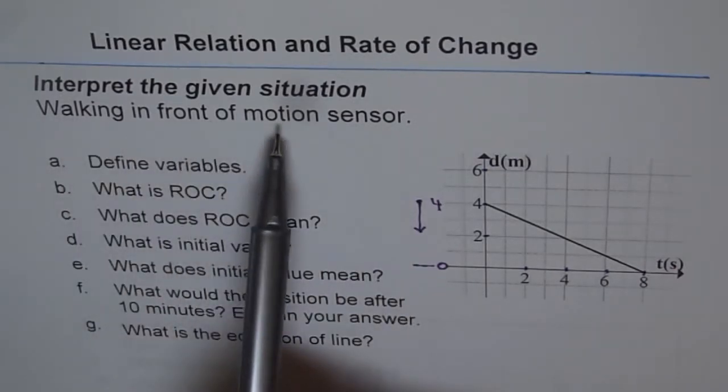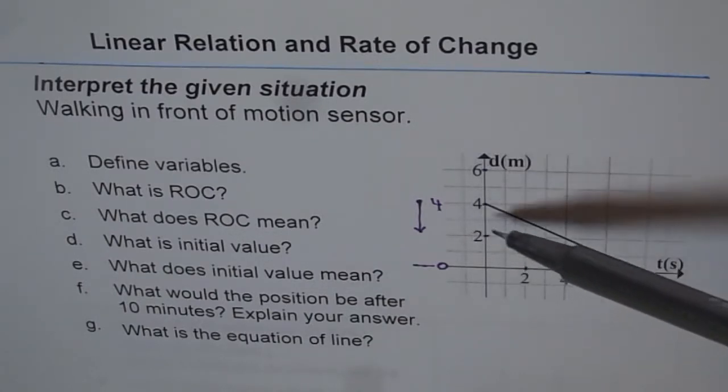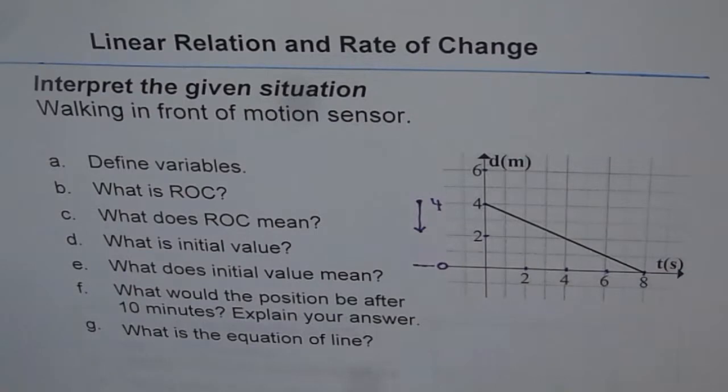So walking in front of a motion sensor, give a name to the person, let's say John, is walking. You can say John is walking towards the motion sensor from a distance of 4 meters, and he covers this distance of 4 meters in 8 seconds. You can also add John is walking at a constant rate, since the line is a straight line, or at a steady speed towards the motion sensor.